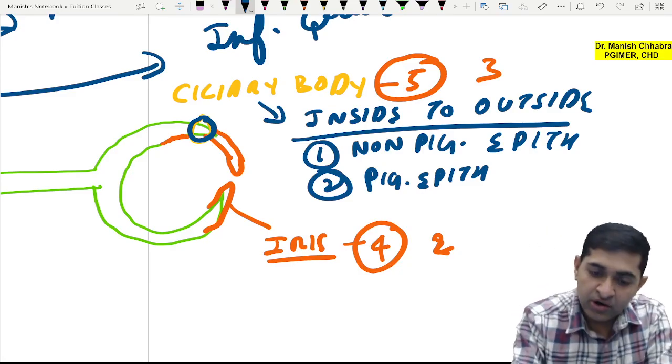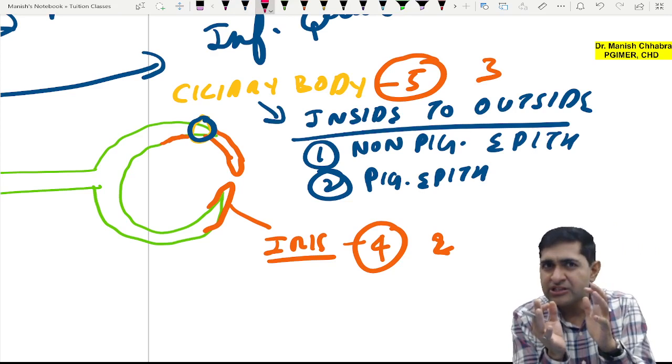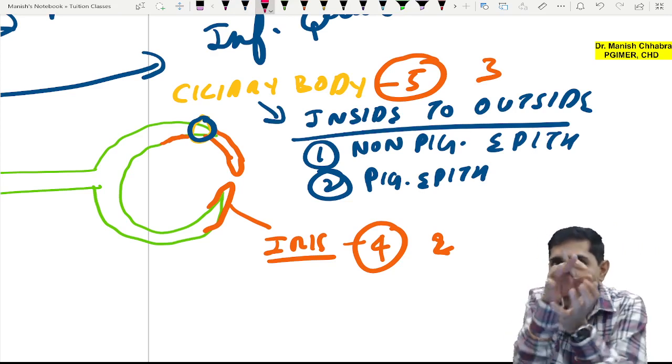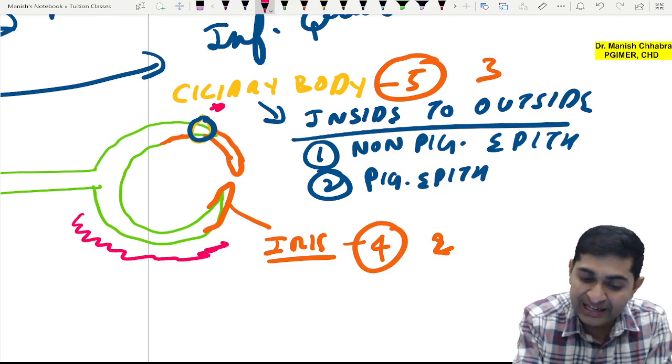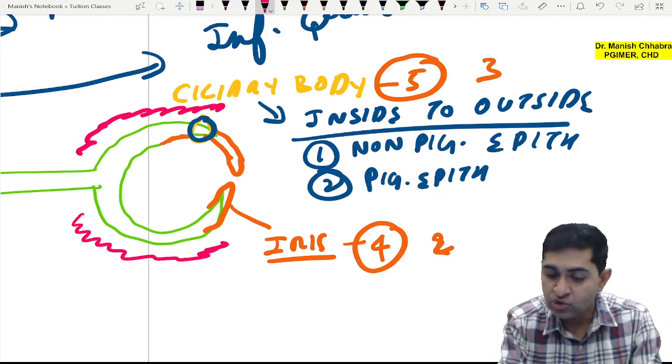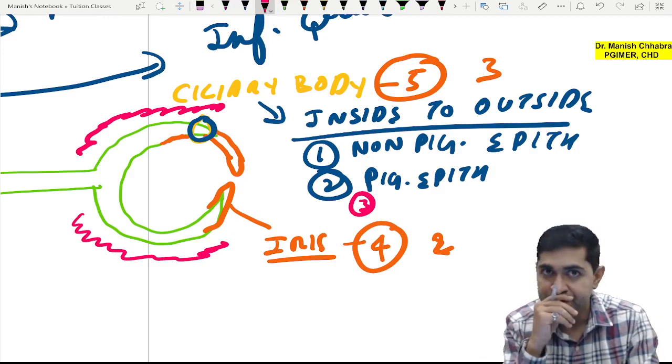Now you will think, sir, what structures are surrounding this optic cup? So there is some tissue, liquid tissue, which is surrounding. You call it mesenchyme.